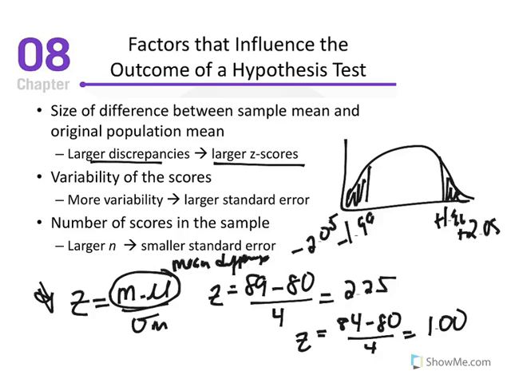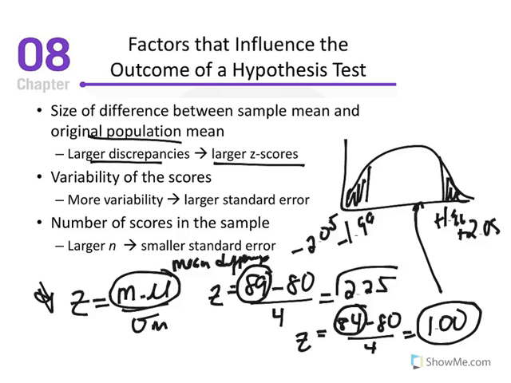When M was equal to 84, we generated a z-score of 1. Notice 1 would fall somewhere close to 0 and not enable us to reject the null. Whereas when 84 became 89, a larger discrepancy between the sample mean and the population mean, a larger mean difference, produced a larger z-score, which now falls into the tail.